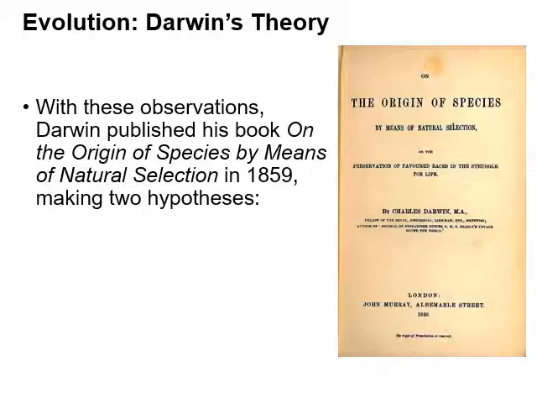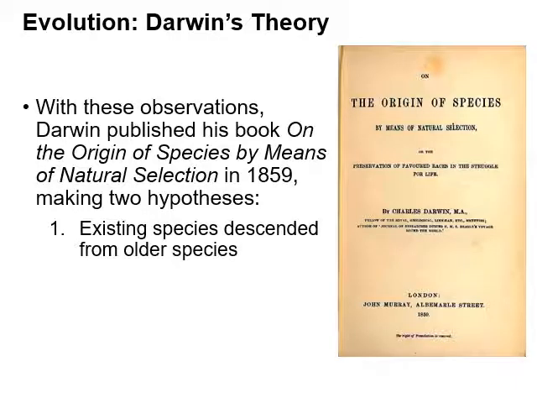Arguably the most important piece of literature written by any biologist ever. And in his book, he makes two really important hypotheses. So the first hypothesis has to do with the first part of the title of the book, on the origin of species, right? So he is saying that existing species descend from older species.